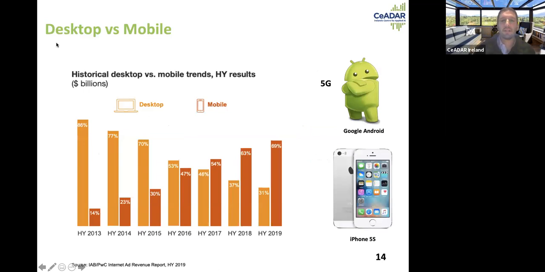Here is a very interesting thing. We are comparing in this graph the tendency of mobile phones against desktop. And you can see that in 2013, people didn't use the smartphone so much. It was the year of the iPhone 5S.